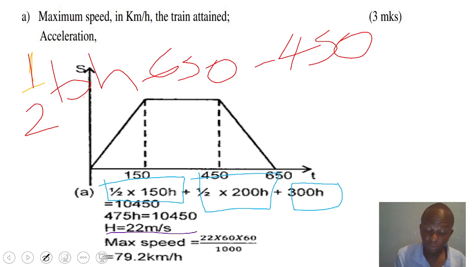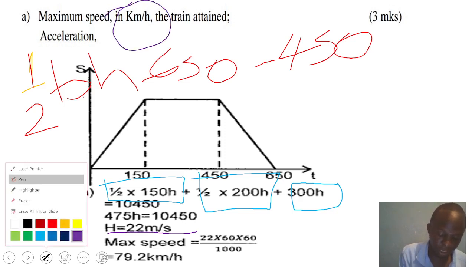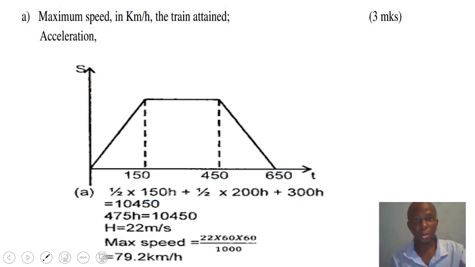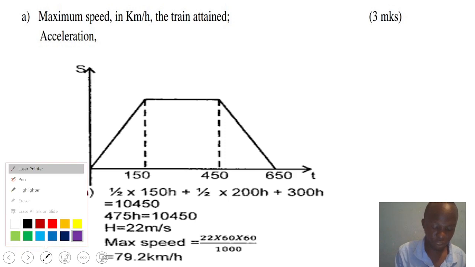From the question, the speed is supposed to be presented in kilometers per hour. So how do we convert that particular speed to kilometers per hour? This is how the conversion should take place.